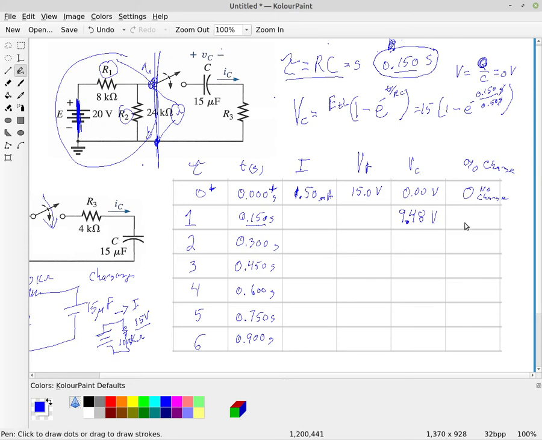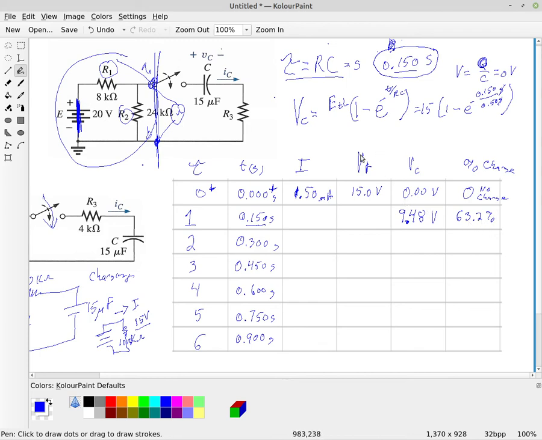Okay, so what that means is if you calculate the percentage of that, that means that we have charged up to 63.2% of our total charge that we're going to put on this. So in that very first time constant, we've charged over 63%.